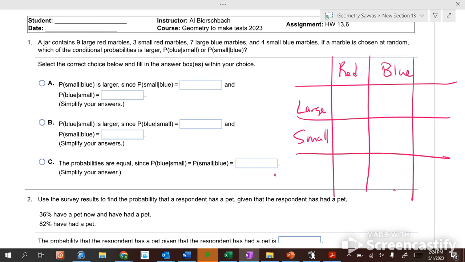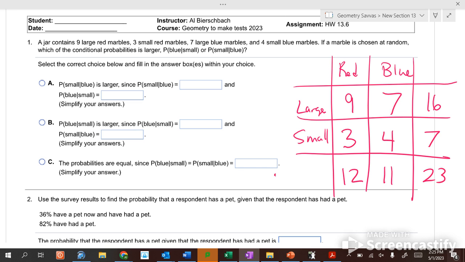So we have 9 large red, 3 small red, 7 large blue, 4 small blue. The blues there's 11, the reds there's 12. The large there's 16, the smalls there's 7. How many total marbles are there?